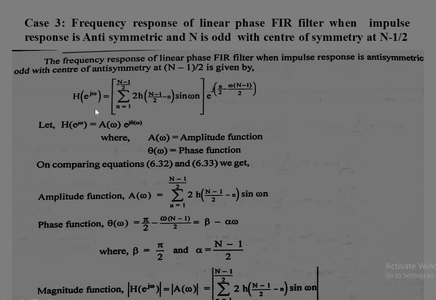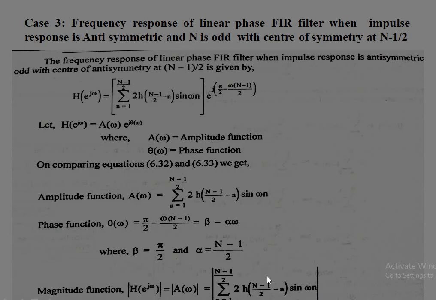The magnitude and phase response of this frequency response were also given, and the magnitude function is mentioned here: sigma n is equal to 1 to (N minus 1) by 2, 2h((N minus 1)/2 minus n) sin(ωn).